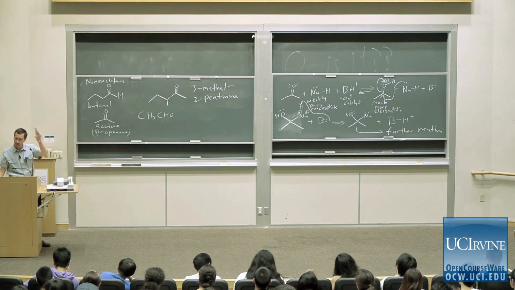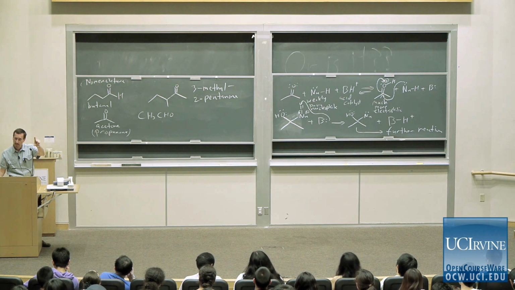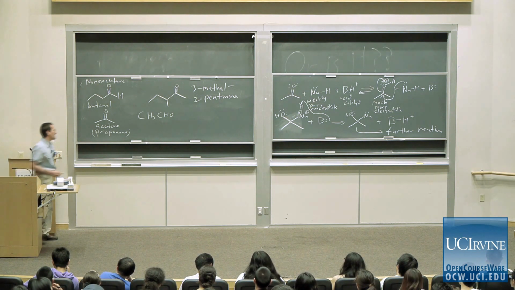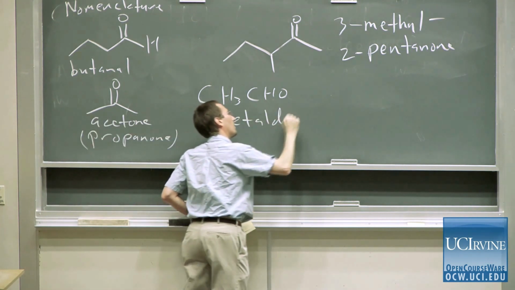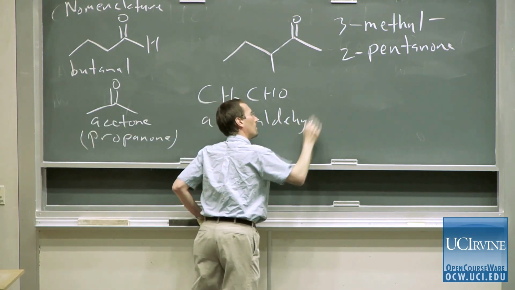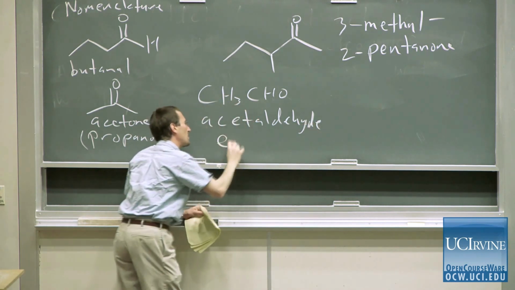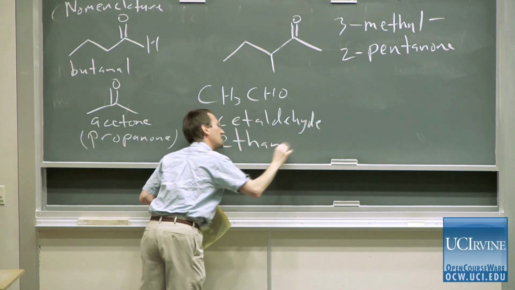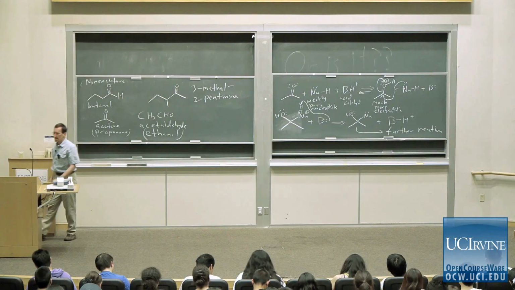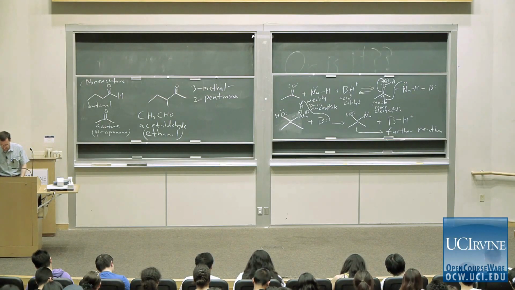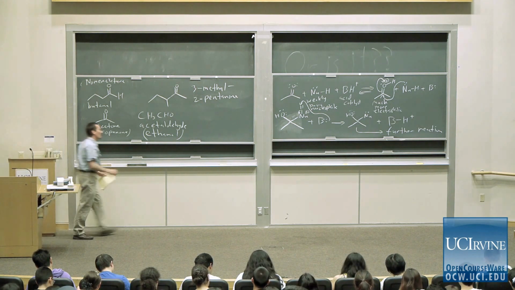And CH3COOH is acetic acid. And so this is acetaldehyde. And again, its systematic name is ethanal, but nobody is going to call it that unless they're naming things as a substituted version of it.